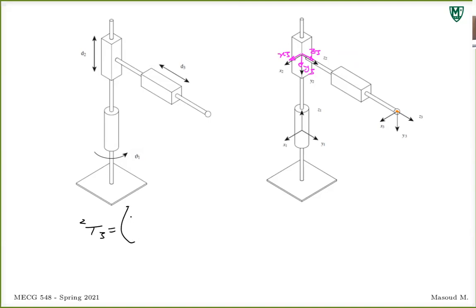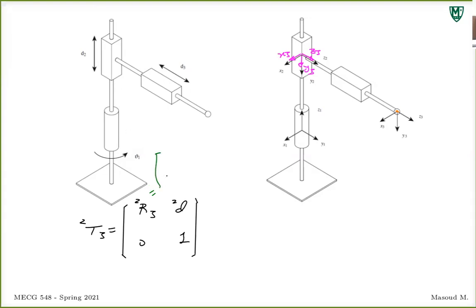That's a very ugly shape matrix. This would be R3 to 2, D2, 0, 1. Now this one, there is no rotation there. So as I said, you can choose one of the rotation matrices, or you already know there is no rotation there.